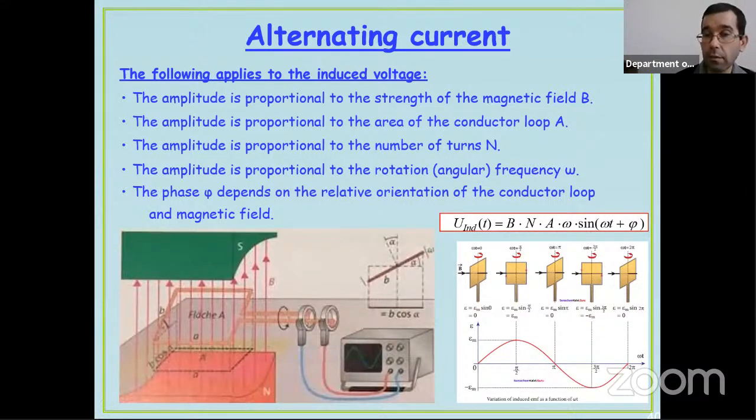Here you see these statements in detail, and also the individual phases are represented. Here, this is one cycle of the alternating current, and in the upper line you can see which positions of the loop are associated with it.